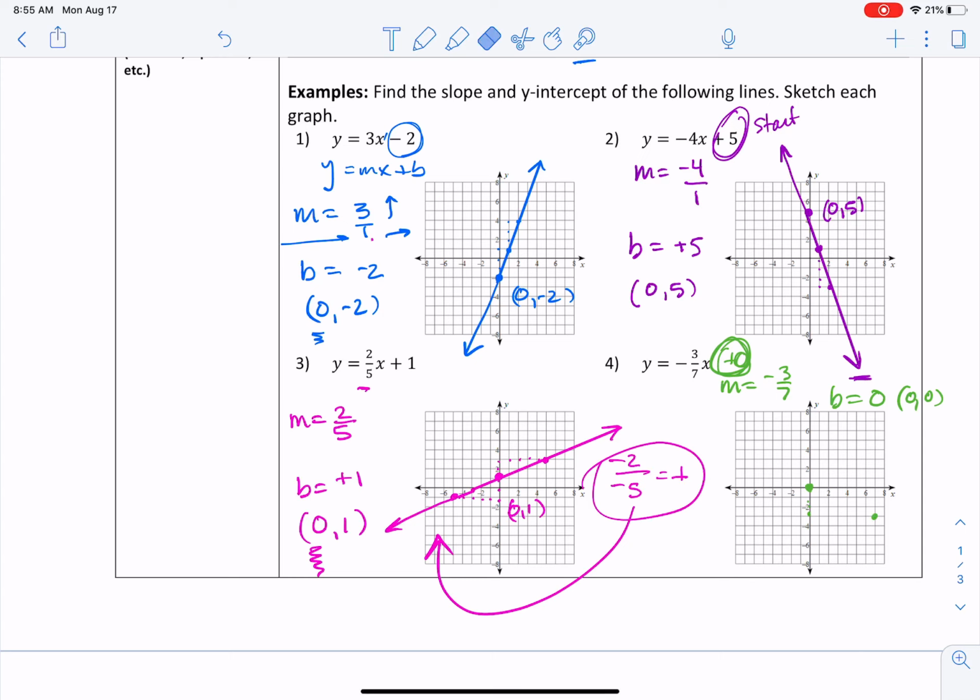And then to do the other way, I can change both signs so that I go up 3 over 7. There we go. Get my line straight.